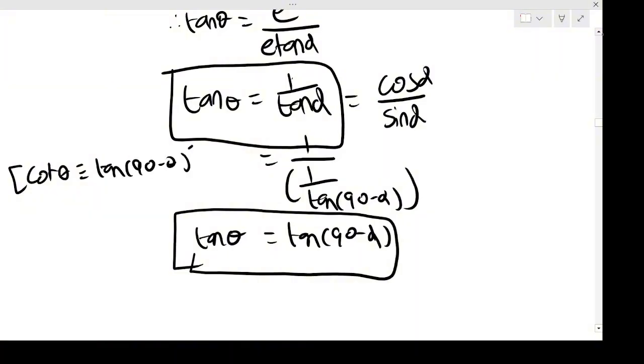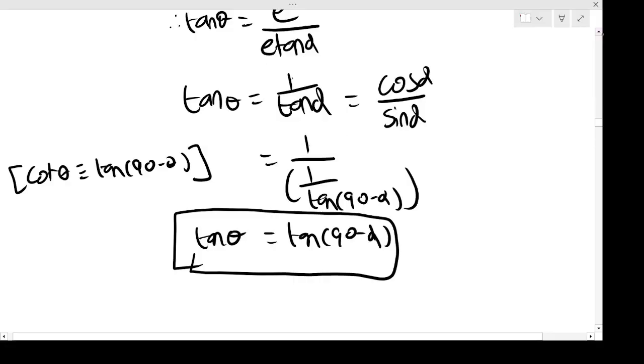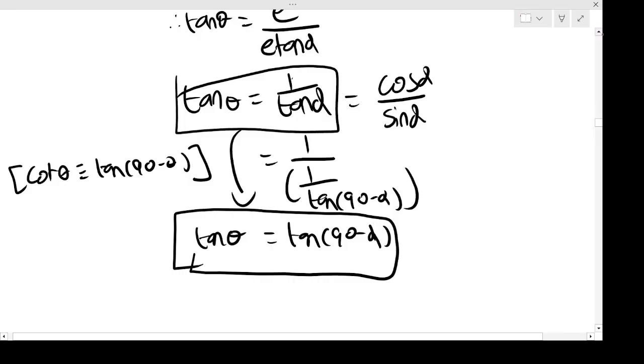So the more direct way you could get from this result to that, from tan theta to 1 over tan alpha to then tan theta is tan 90 minus alpha, you could just directly use that identity there. But I imagine you probably don't want to learn extra identities and stuff like that. You can learn this identity if you want to. This is one of the common techniques we use.